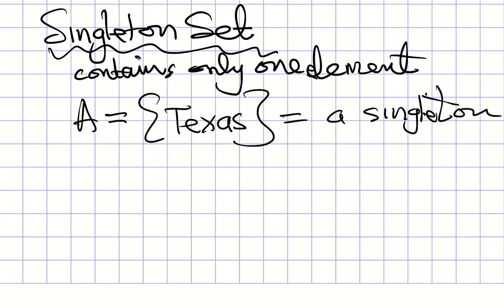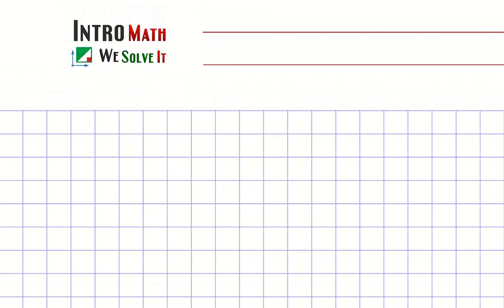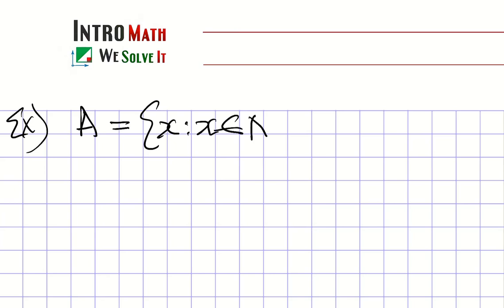Okay. So let's give you another example. Let this set A be x such that x is an element of natural numbers, right? That's how you write that.